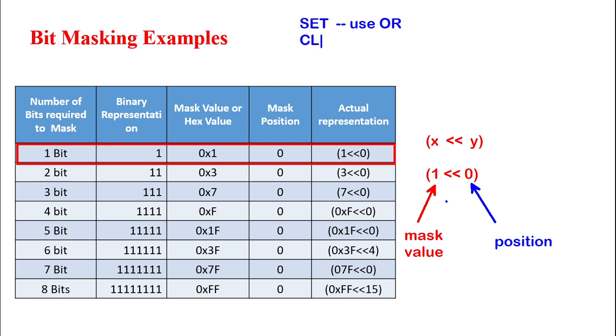If you want to clear, use the bitwise AND operator. If you want to toggle, use the XOR operator. How to use that I'll show you in the next example.